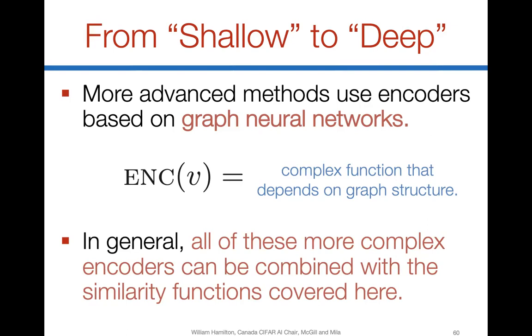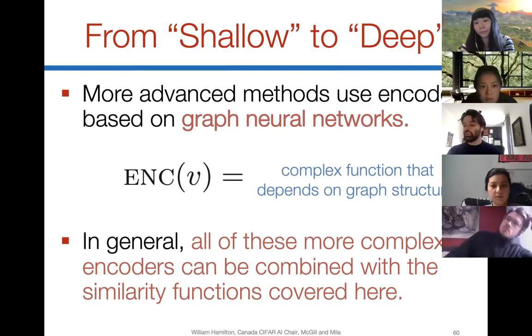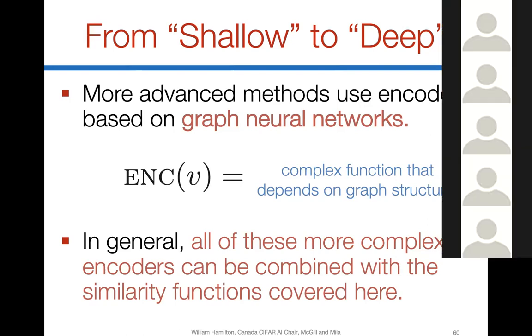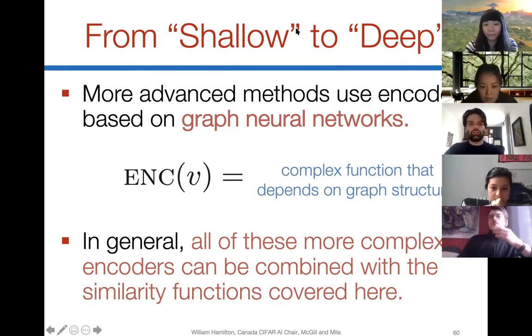I won't cover those in detail today, but if you're interested, I'm very happy to give resources or recommendations about where you can learn more about things like graph neural networks and go beyond the foundations I discussed today. So with that, I will close and take any questions.